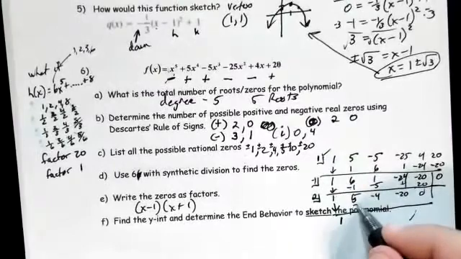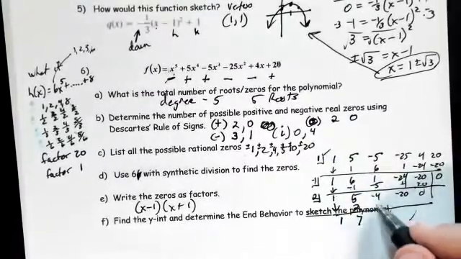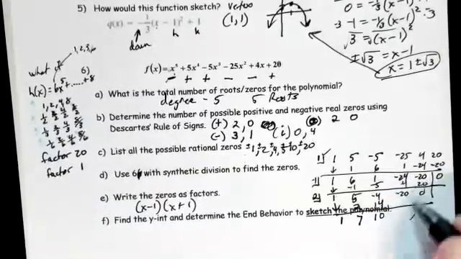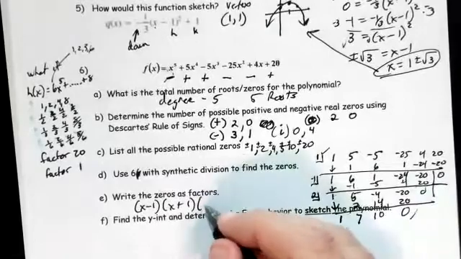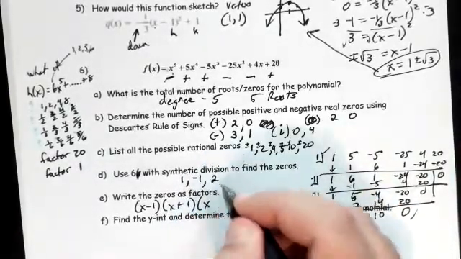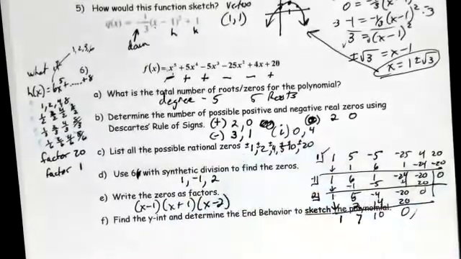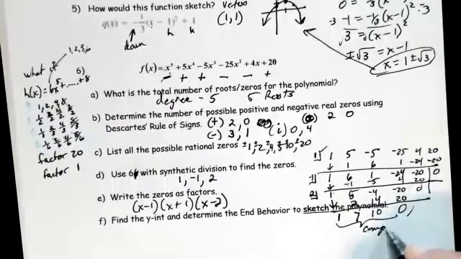Put a 1 here, that's going to be a 2. That's going to be a 7. That's going to be a 14, 10, 20, and 0, which means 2 works. So 1, -1, and 2. Now this gives me my compressed equation.